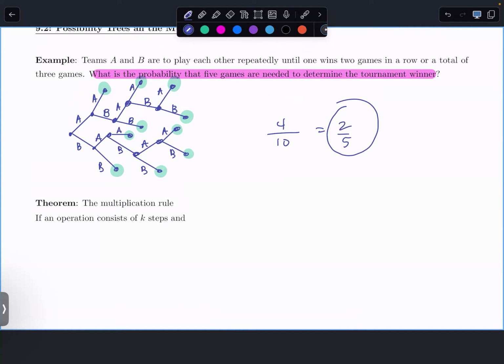Whether or not our tree ends is dependent on the step that's just happened, right? But if we're in a situation where all of the things have to happen, then you don't do this kind of thing. I'll show you what to do. So the multiplication rule: if an operation consists of k steps and the number of steps isn't dependent on the previous step.